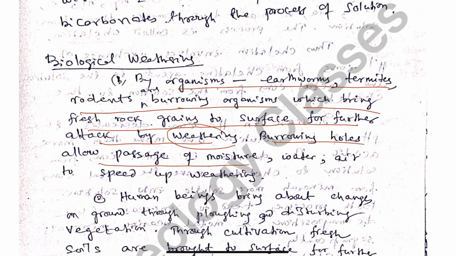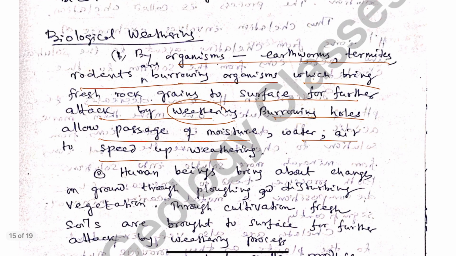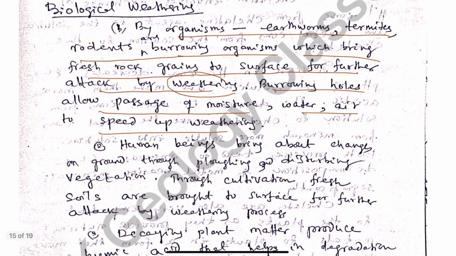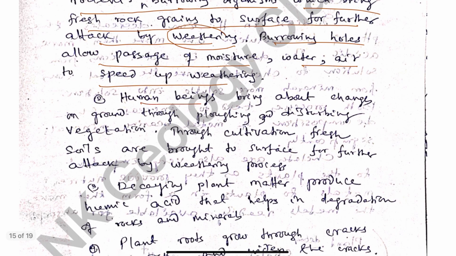Burrowing holes allow passage of moisture, water, air into the ground, to speed up the weathering process. Similarly, human activity causes change on the ground surface through plowing, or man is responsible for disturbing the vegetation.